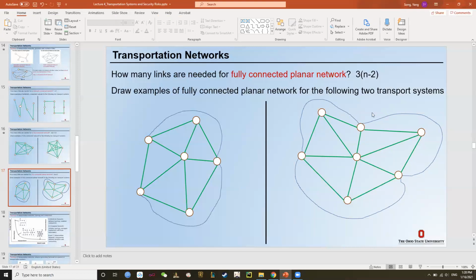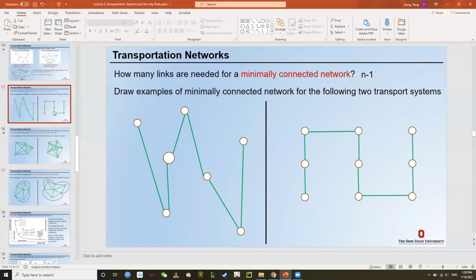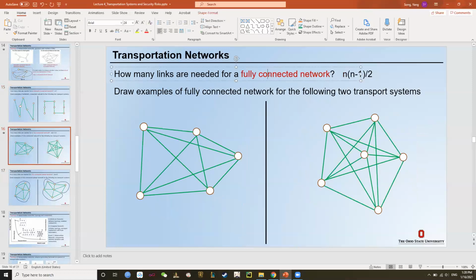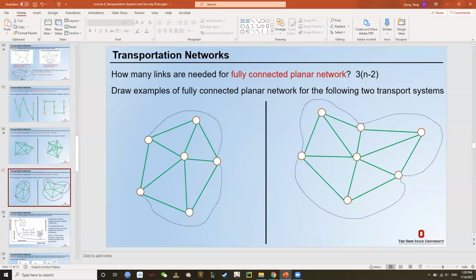And what I'm showing here is just one of several solutions. Okay, so here we discussed a little bit about calculations for the number of links needed for each type of network: minimum connected network, a fully connected network, and also a fully connected planar network.